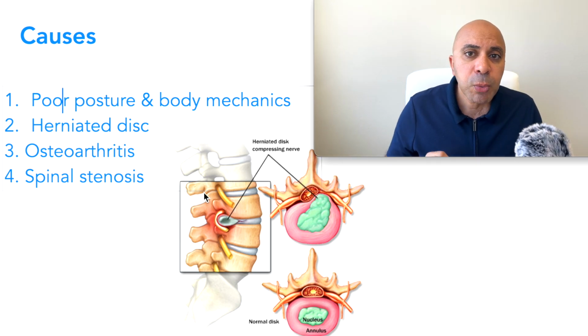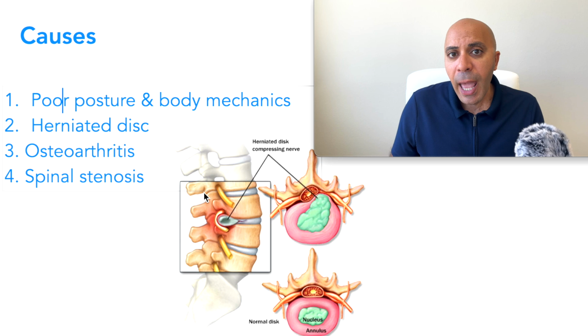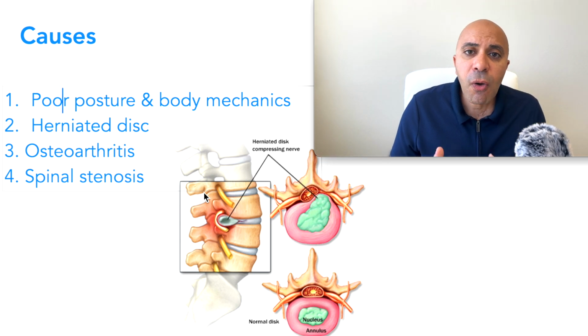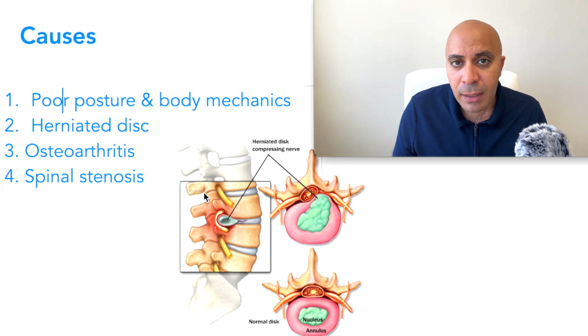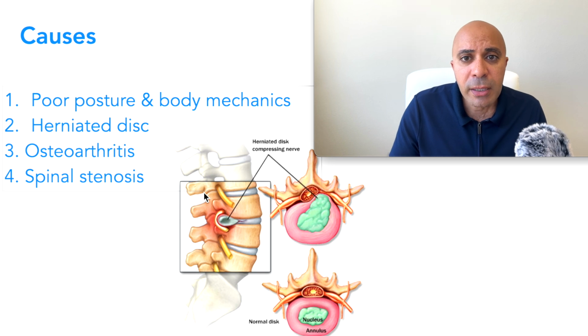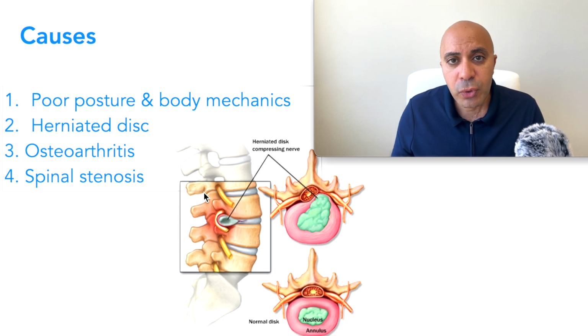One poor body mechanic is lifting while you're twisting. So you're lifting an object and you twist at the same time. That increases your risk of having sciatica nerve pain, and could lead to a herniated disc or osteoarthritis, which is degeneration in the joints of your spine, the spinal vertebrae, that could cause or lead to sciatica.